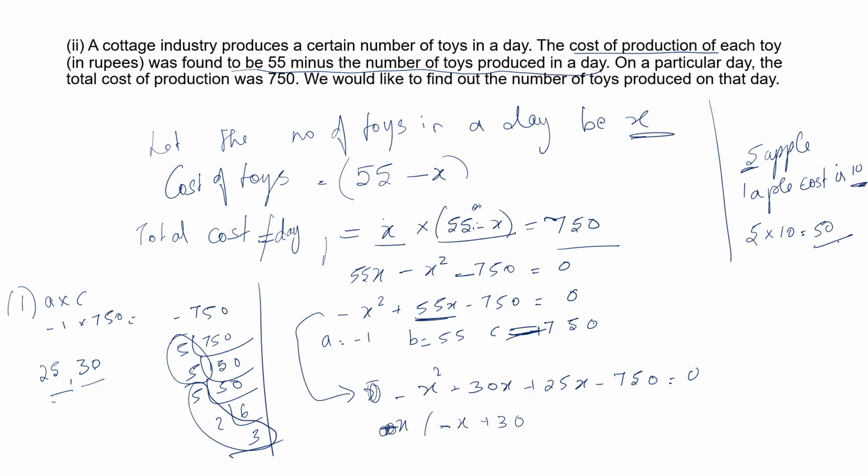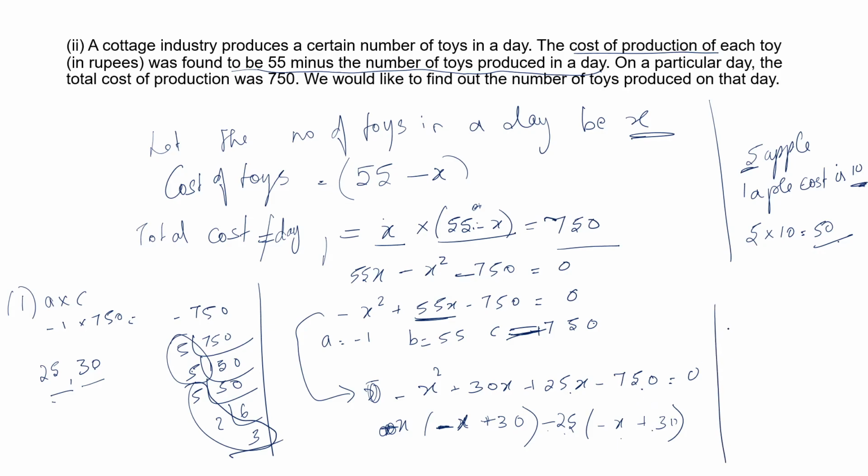Let me take x common outside and minus x here and plus 30 here. So here also I have to take minus x plus 30. So then I have to take minus 25 outside. So I will get plus 25x and minus 750.